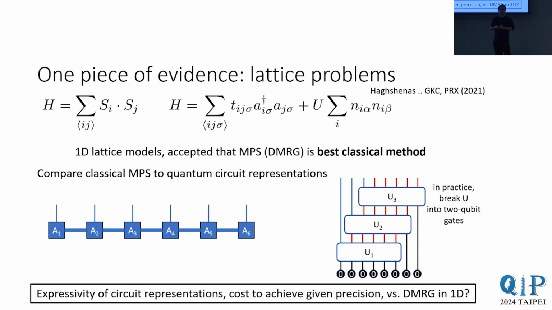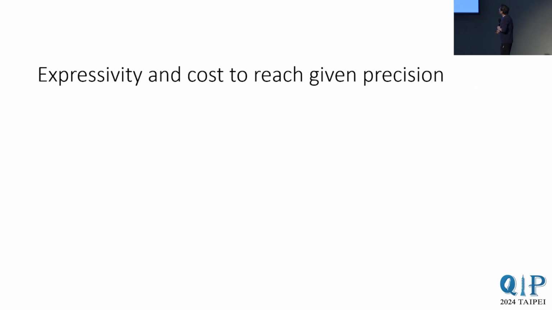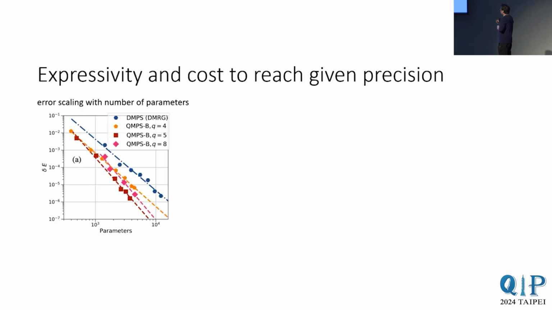That would mean you need fewer parameters to represent the state. And second, are these circuits more computationally efficient? In other words, can you achieve the same accuracy with lower cost? Because it could be that you use very few parameters, but it's very expensive to work with a circuit. Okay, so here is some of the data that we got.